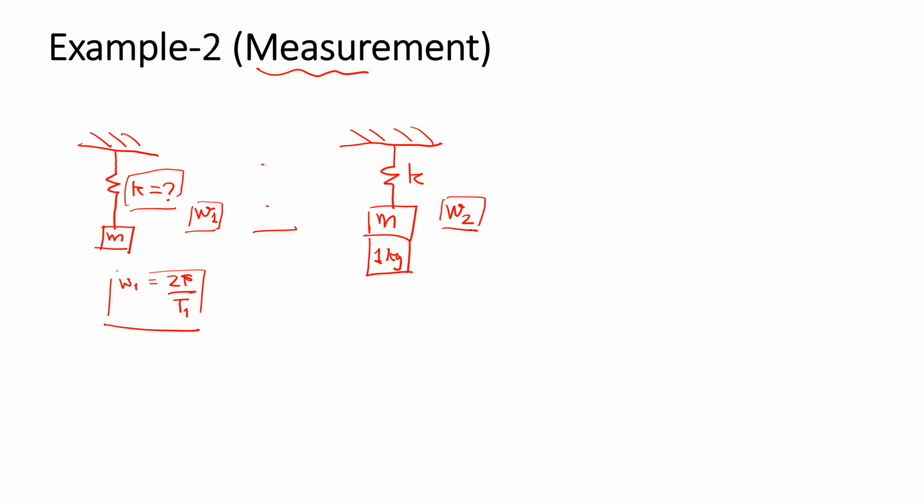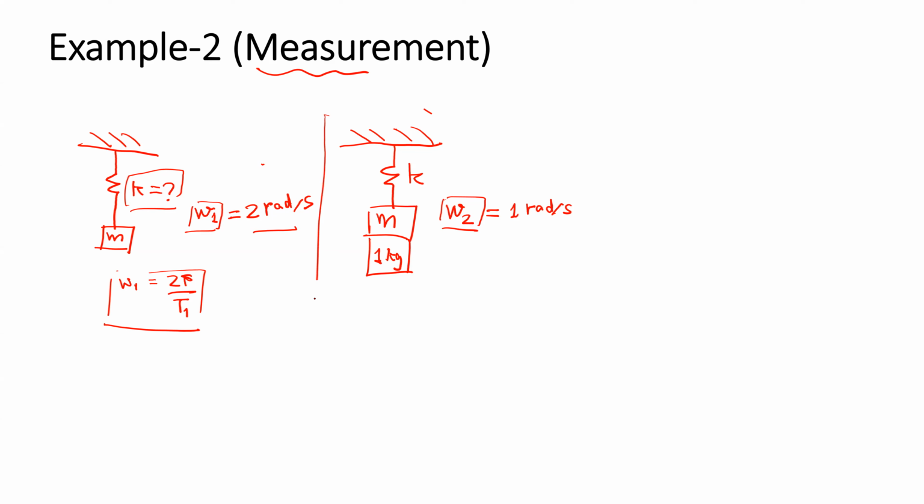For example, without the added mass, the omega may be 2 radian per second. By adding the mass, we add inertia to the system, and it moves slower than the original system. The omega 2 may be equal to 1 radian per second. Just an example.